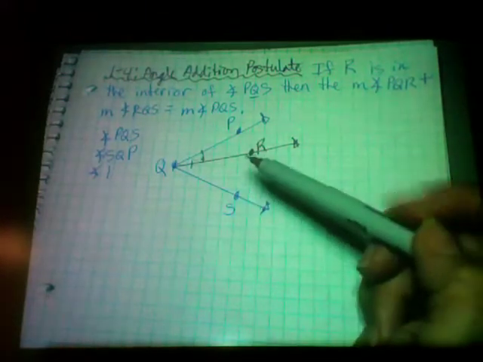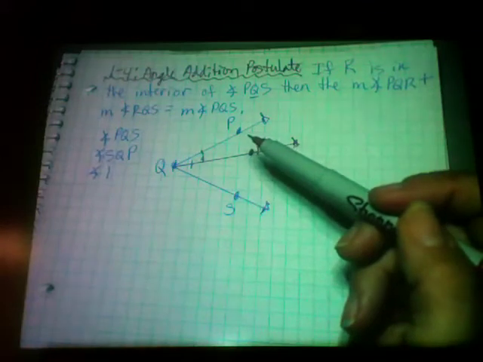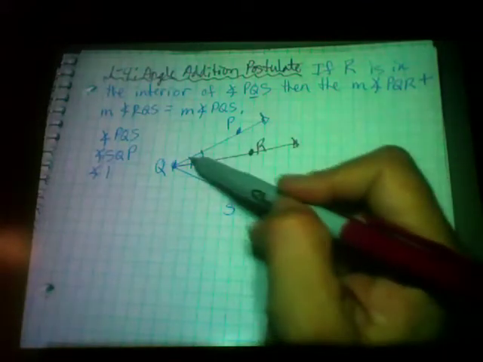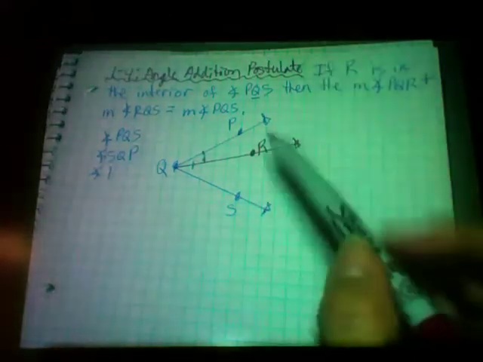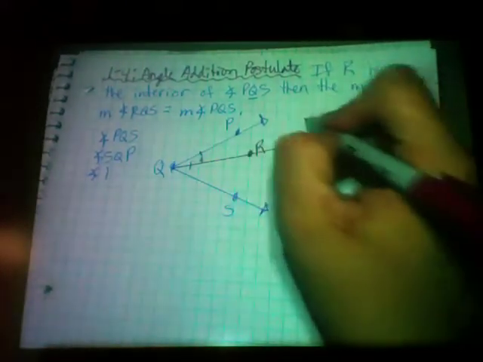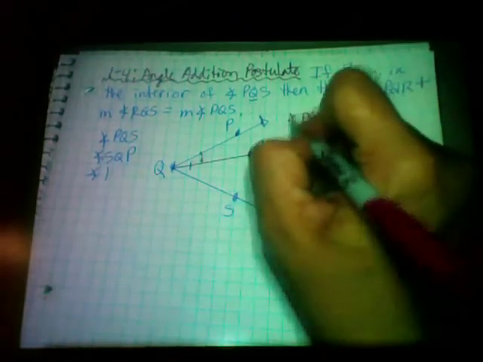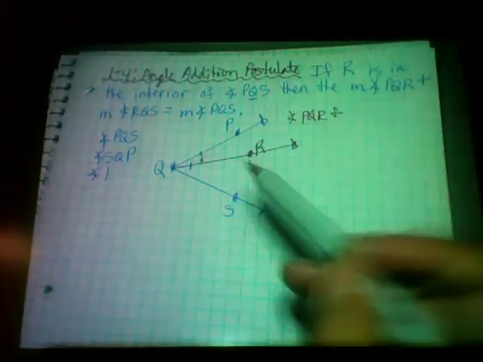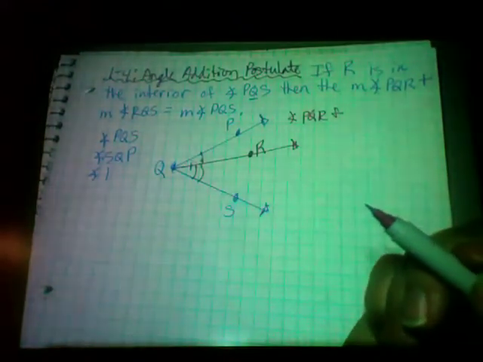PQR or RQP. Could I name it angle 1? No, because angle 1 refers to the whole big angle. So this is what they're saying here, that here's angle PQR. If I add to that this other angle here, how would you name that angle?